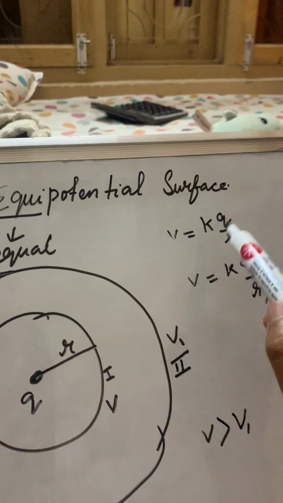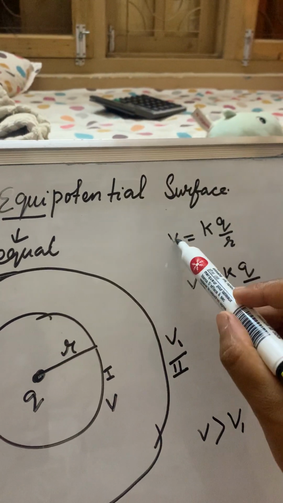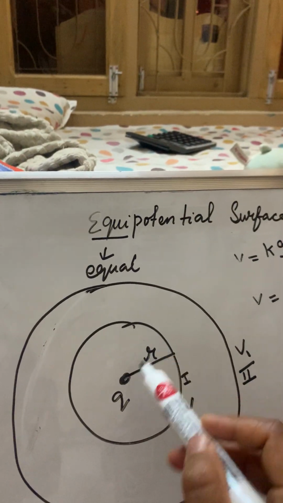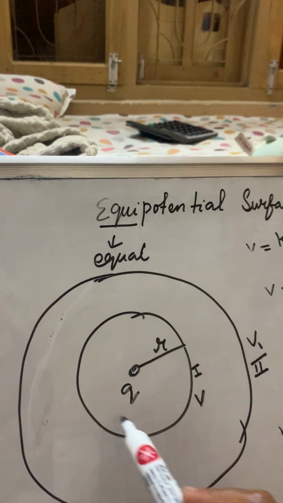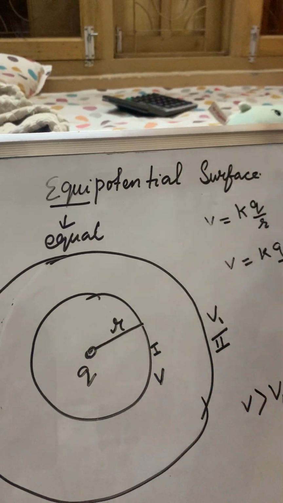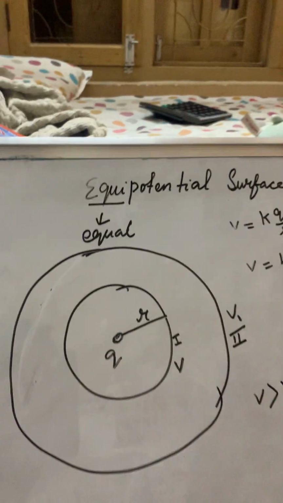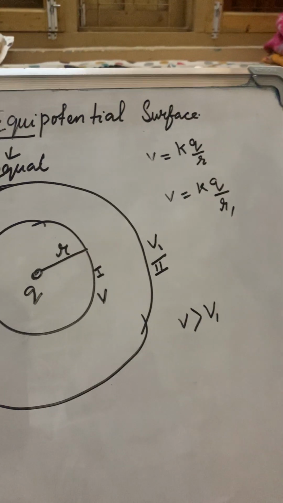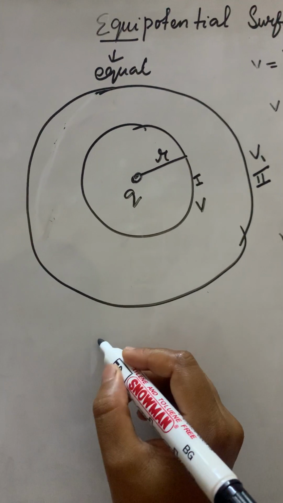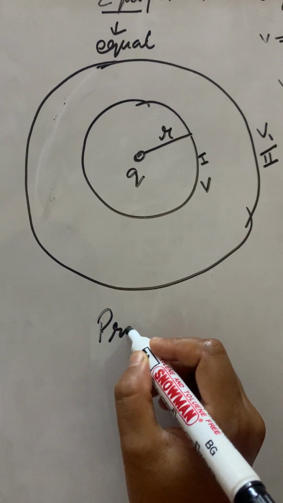This is quite evident: R is less means V is larger. So the nearer the surface is to the charge, the larger the potential. The further the equipotential surface, the potential value keeps on reducing. Is it clear?